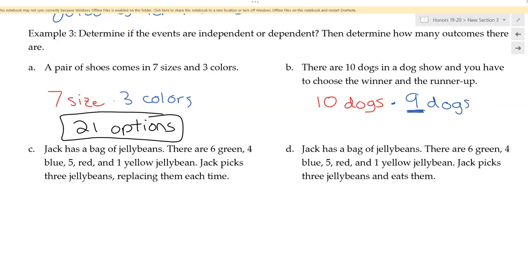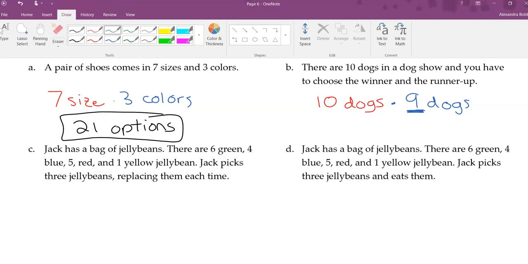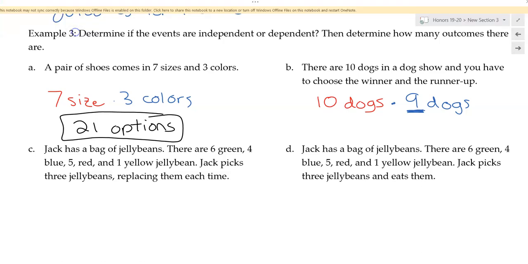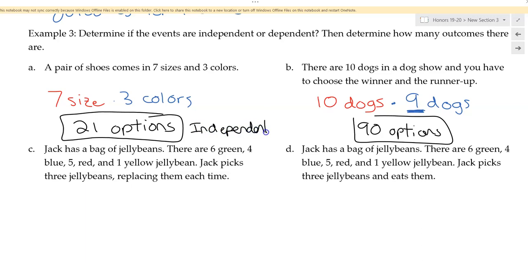That number has changed. And so now there's 90 options. So that's the difference. So this one is independent, and this one is dependent.